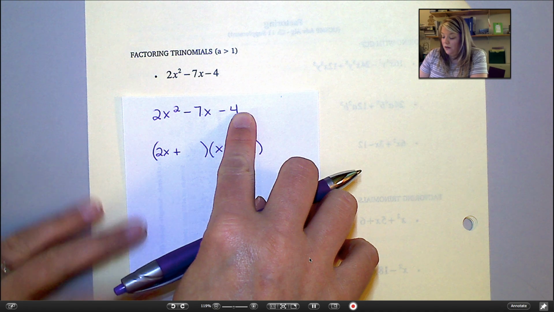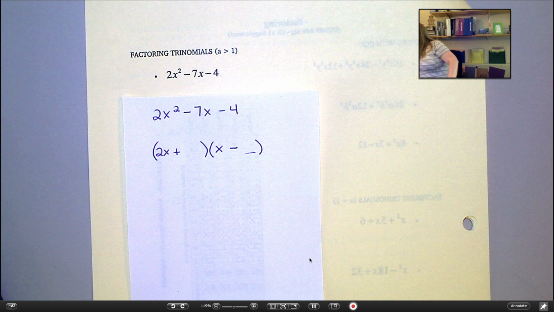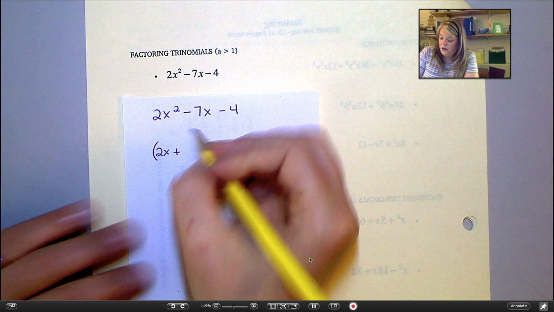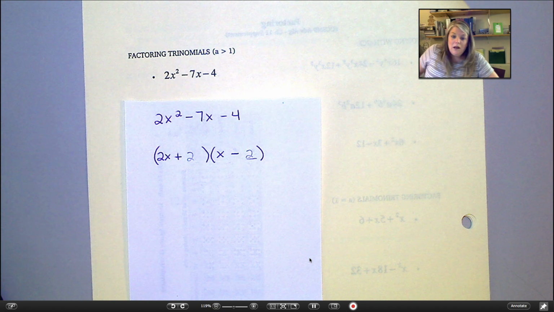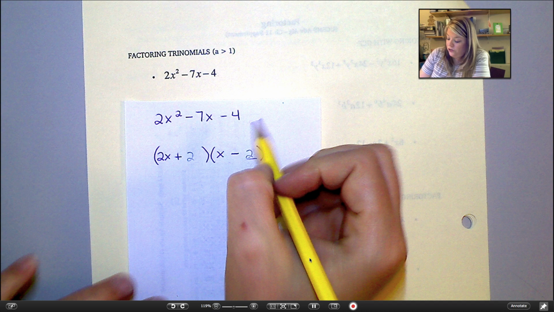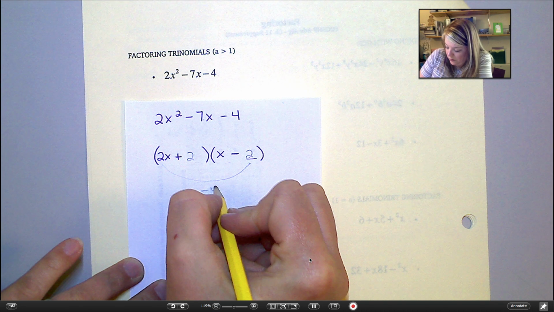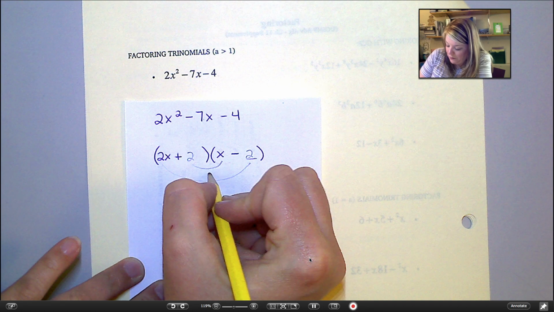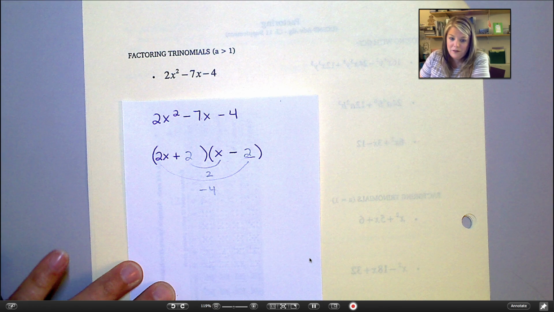So I might try, let's see, a 2 and a 2. But then I have to check that. When I multiply these two together, I get a negative 4. When I multiply these two together, I get a positive 2. And negative 4 and positive 2 do not make negative 7.